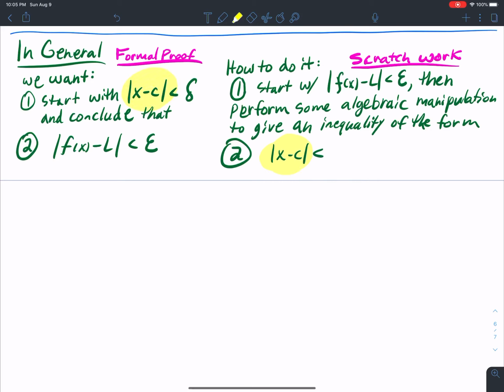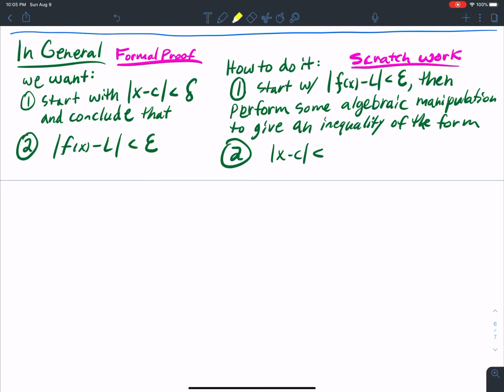Remember, we're trying to get back to this point here. So the formal proof goes in the opposite direction as the scratch work does, okay? So the scratch work goes this way and the formal proof goes this way, okay? And so we're working it backwards so that we can then rewrite the steps in the opposite order to get our answer, okay?